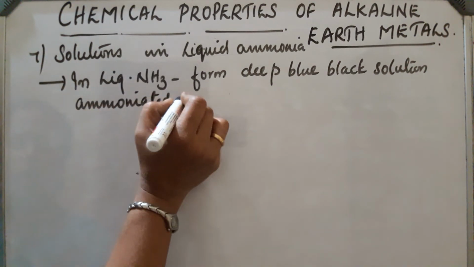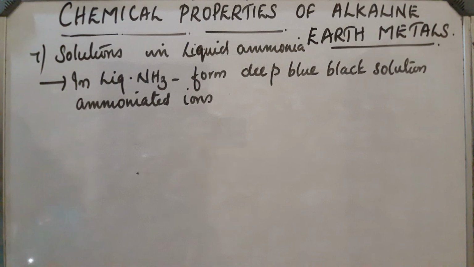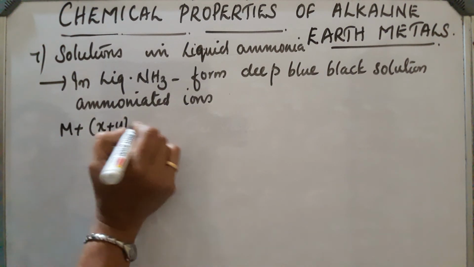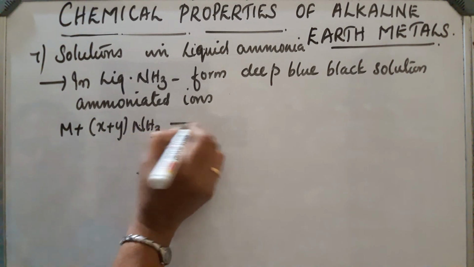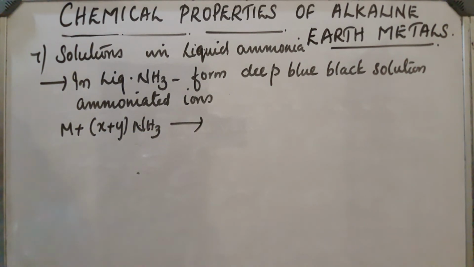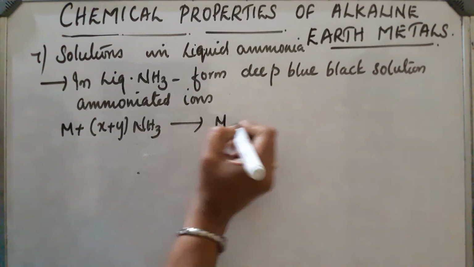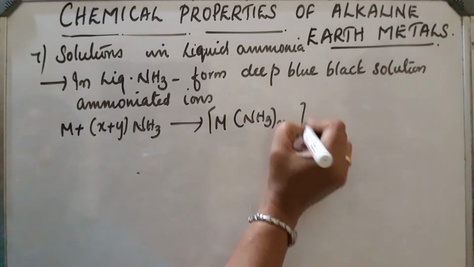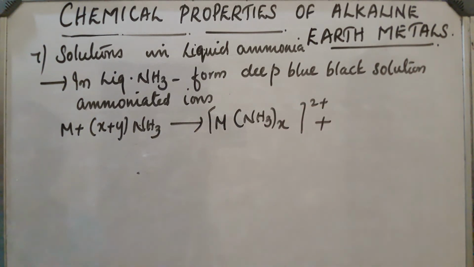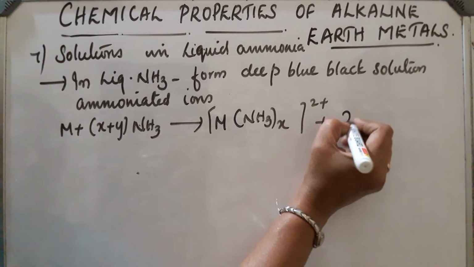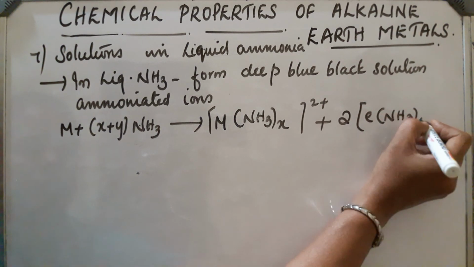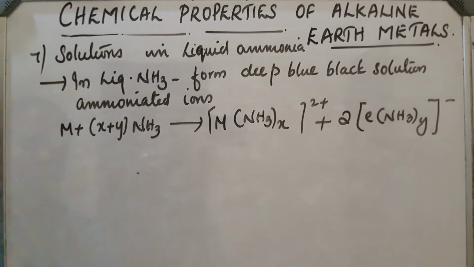The reaction is like this: M plus (x+y)NH3 gives ammoniated ions, that is [M(NH3)x]2+ and so on.